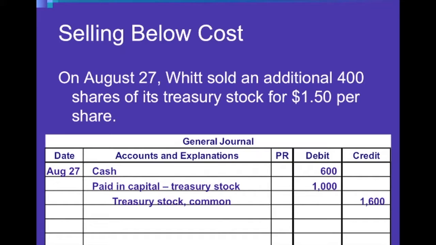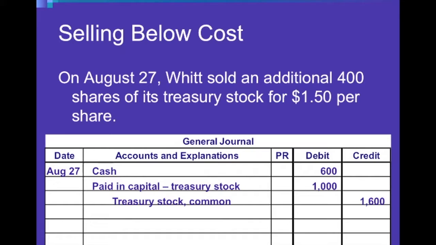So one more time, let's assume this time paid-in capital treasury stock had a $500 credit balance. In this transaction, I could only debit paid-in capital treasury stock for $500 to zero it out. I couldn't create a negative balance, which would mean I'd need to create another debit in this transaction for $500. That other debit would go to retained earnings.